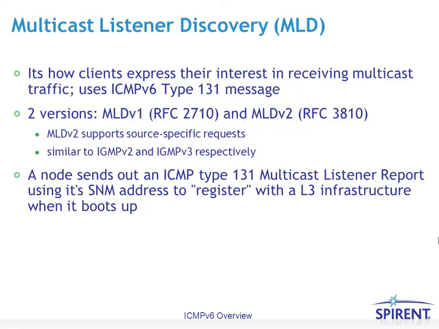There are two versions of MLD: MLD version 1 as described in RFC 2710, and MLD version 2, which is described in RFC 3810. Those are functionally equivalent to IGMP version 2 and IGMP version 3, respectively, for IPv4. MLD version 2, like IGMP version 3 for IPv4, supports source-specific requests.